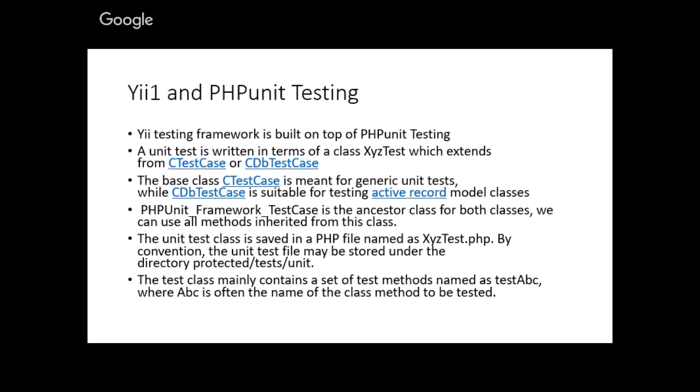If you are testing collection on active record, models that have database relationship, you extend CDbTestCase. That allows you to use everything related to PHPUnit, because these two classes are actually children of PHPUnit. So PHPUnit framework test case is the ancestor of both classes.